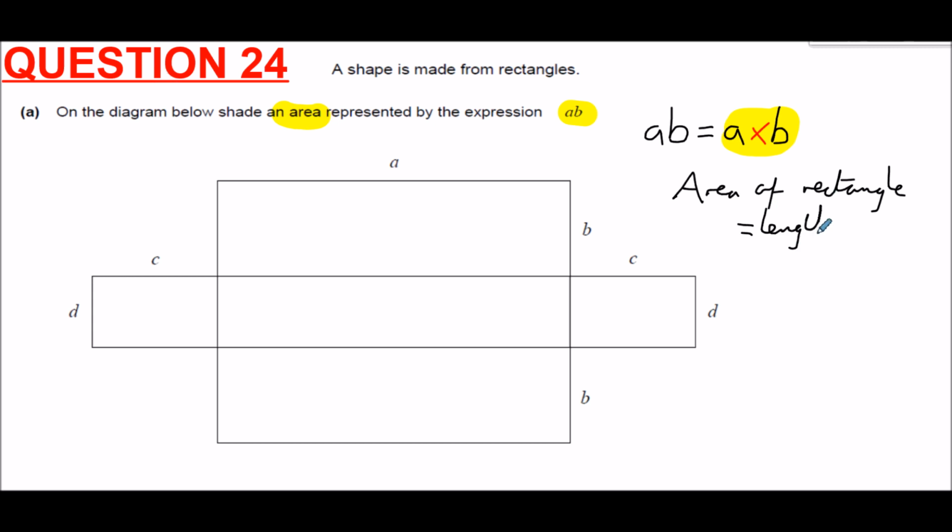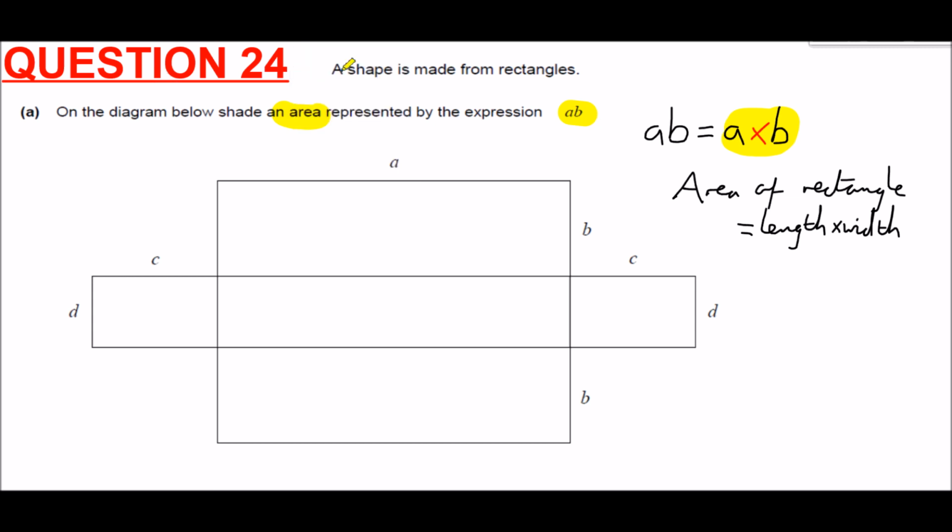And so what the question is actually asking you for is to identify just one rectangle with a length of A and a width of B, because if we can find a rectangle with a length of A and a width of B, or the other way around, a length of B and a width of A, its area will be A multiplied by B, which is AB.